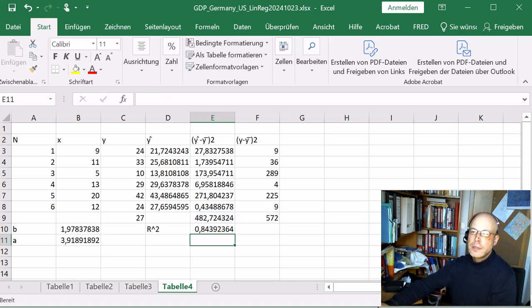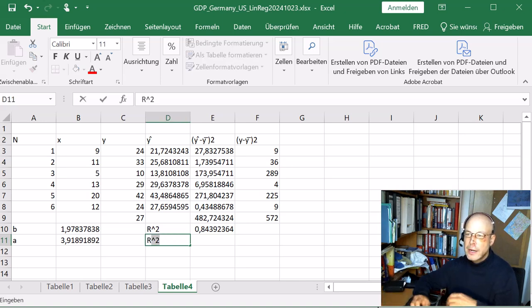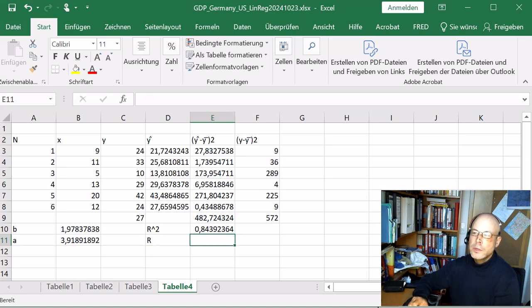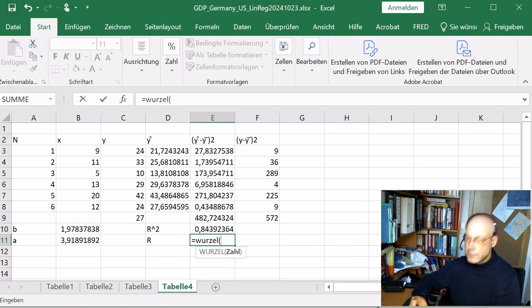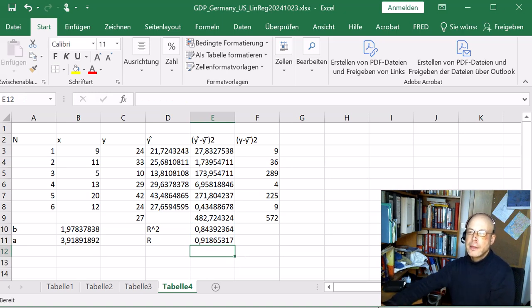So this is our coefficient of determination, and then our r would be the root of this, and this would be 0.91.